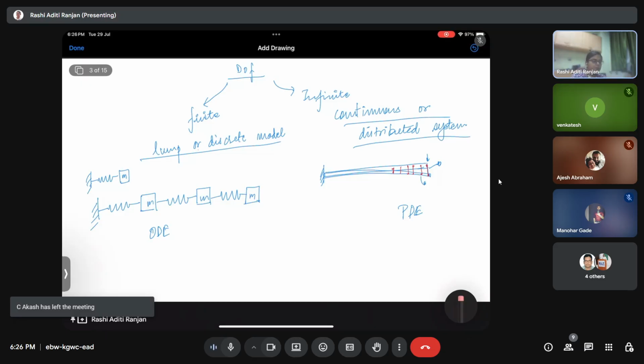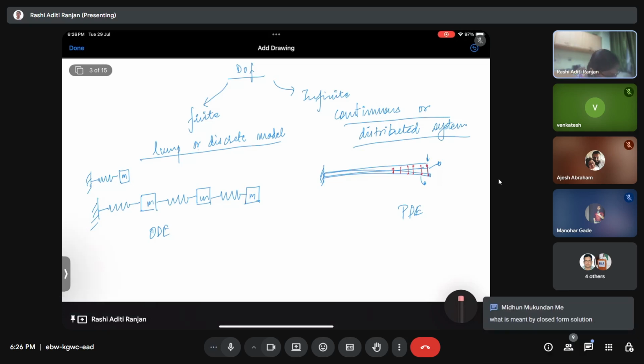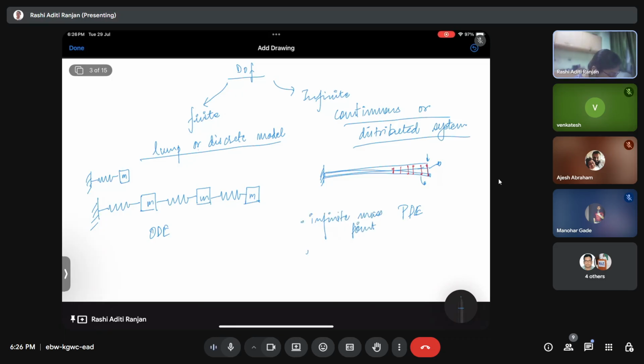So for a continuously distributed system, there are infinite degrees of freedom because we have infinite point masses. We have infinite mass points, and so we have infinite degrees of freedom.